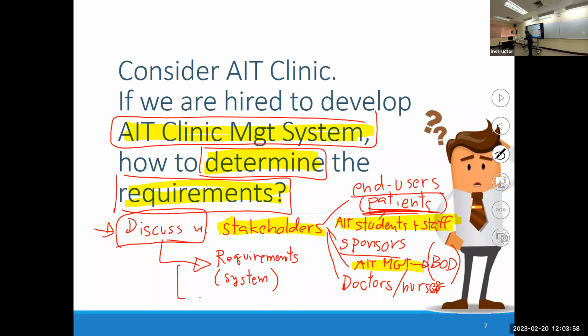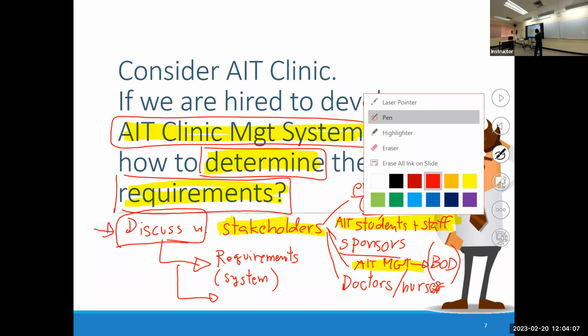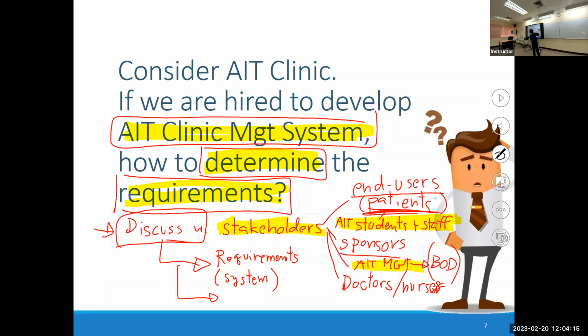And requirements mean what do they want the system to do? So if there are AIT students and staff, the end users, what do they want?